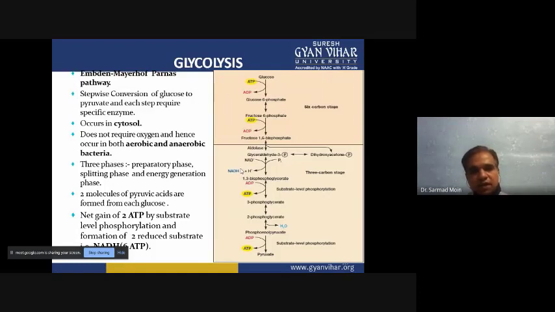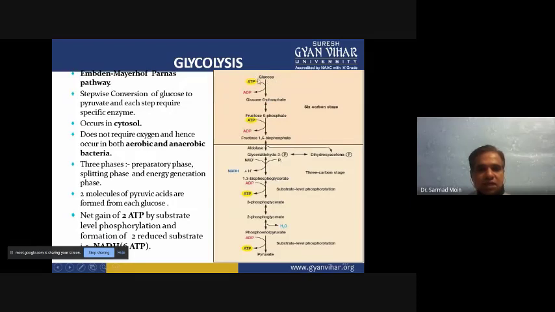Aerobic and anaerobic types of bacteria both have this glycolysis pathway. There are three phases. In the preparatory phase, the cell requires all types of enzymes to finish glycolysis, and the substrate. Glucose is required.